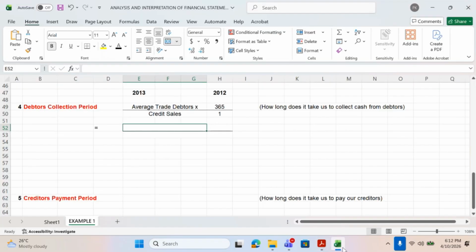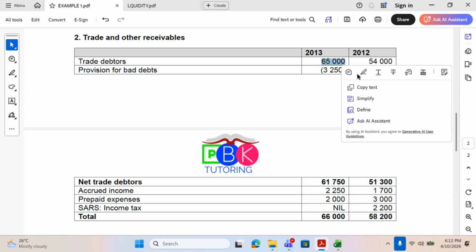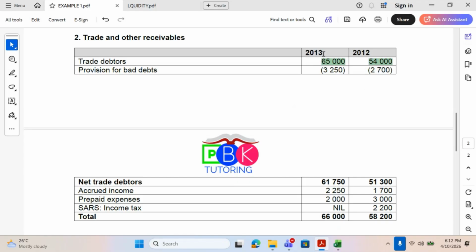That's all we need. So how much is our trade debtors here? We have 65,000 for the current financial year. We have 54,000 for the previous financial year. So if we're doing the calculation for 2013, we need to take these two, add them together, divided by 2, so that we get the average.